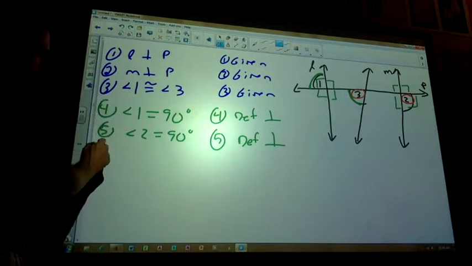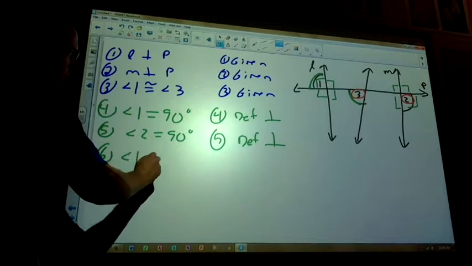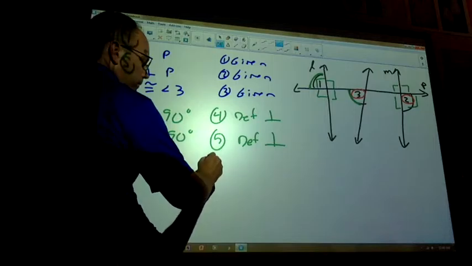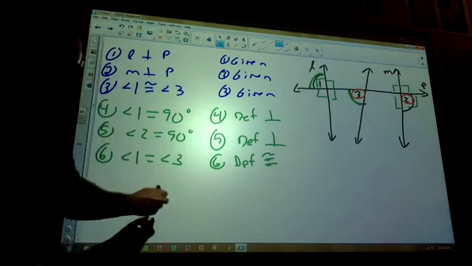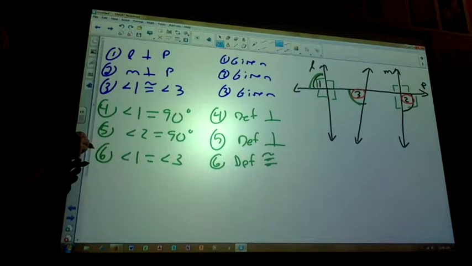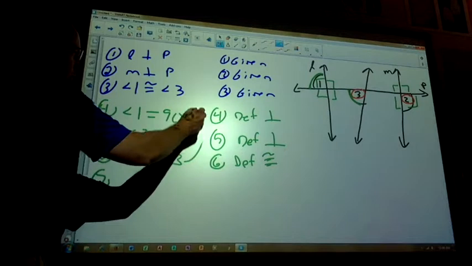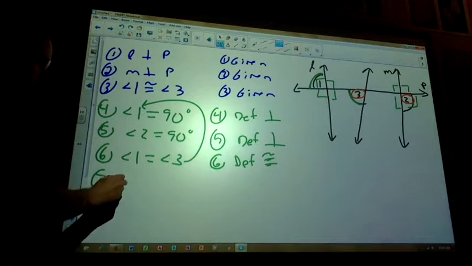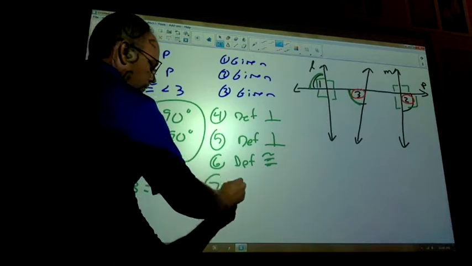Oh, you know what we have to do? We have to say this. Definitely have to say that. And then from there, I can state that, what are we trying to prove? 2 and 3. So I'm going to take this and plug it in here. So angle 3 equals 90 degrees. Substitution.